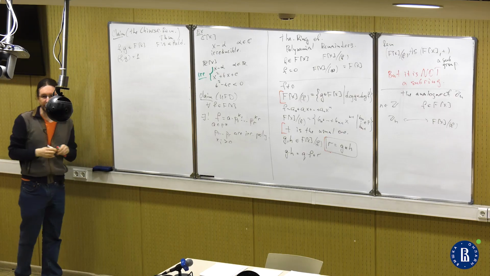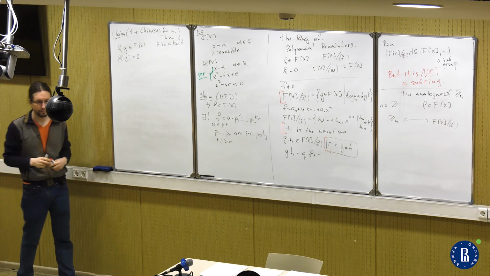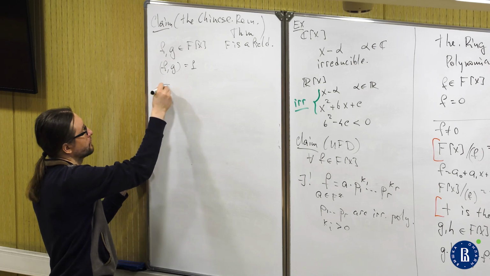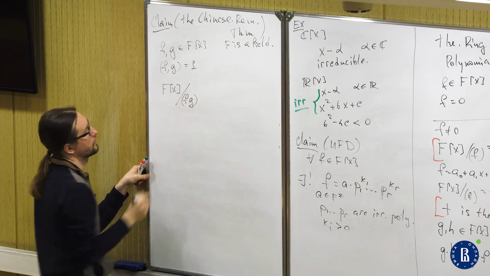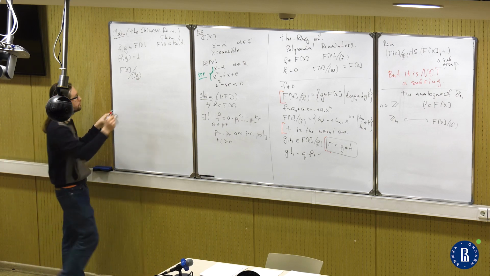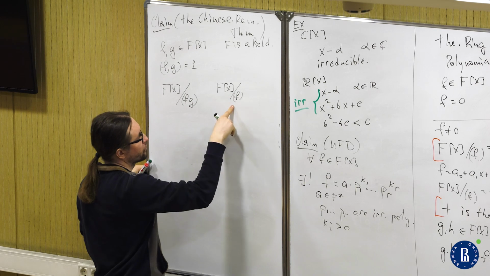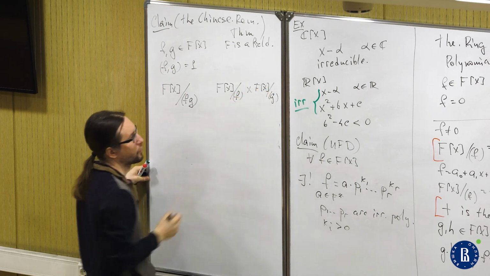Coprime means their GCD, the greatest common divisor, is 1. Now we have the ring of remainders modulo f times g, and we have the ring of remainders modulo f and remainders modulo g, and their product.